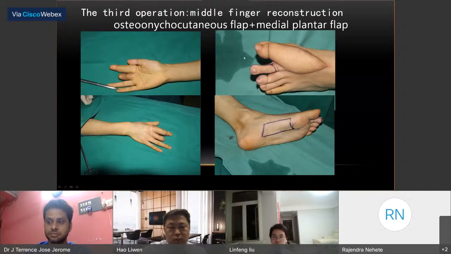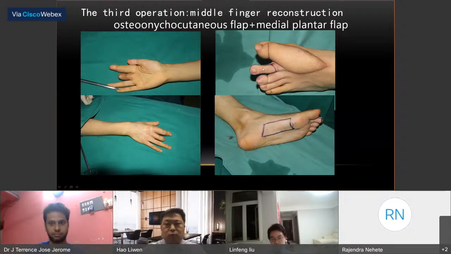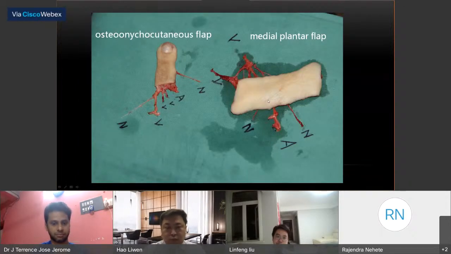Next, we use an osteoonychocutaneous flap from the second toe and a medial plantar flap to reconstruct the middle finger. These are the two flaps.